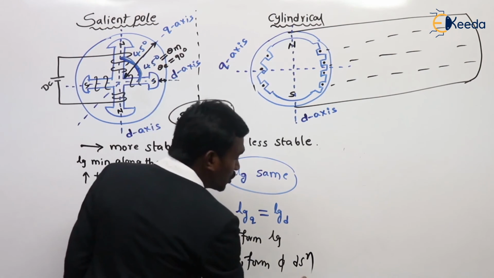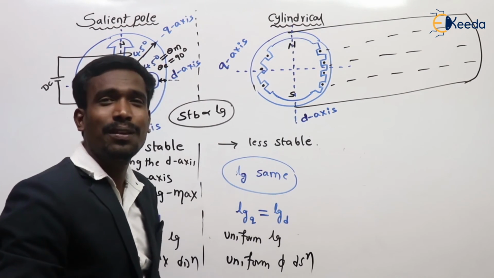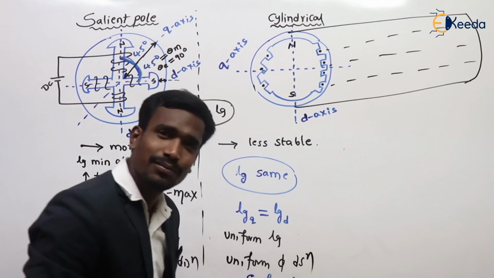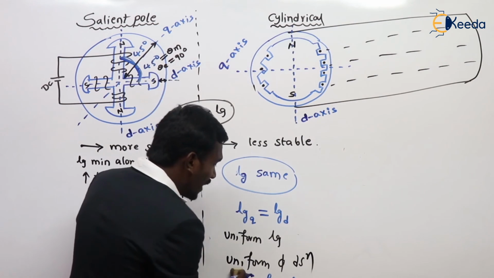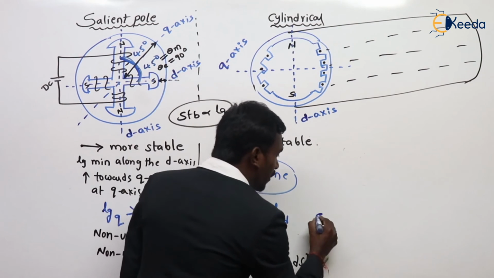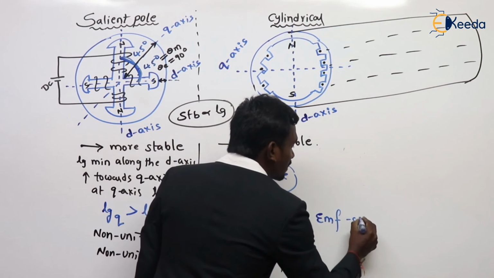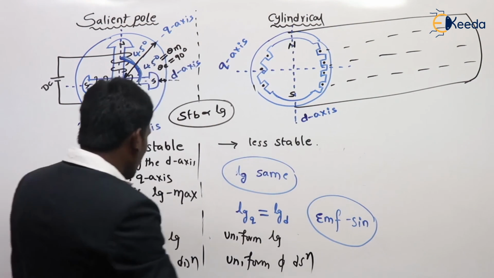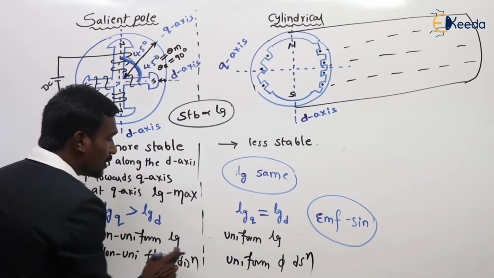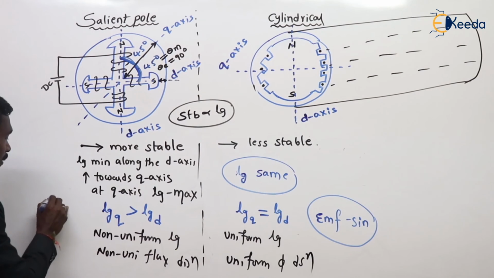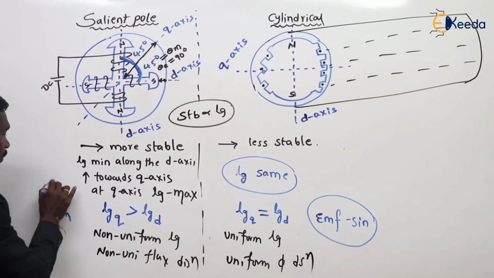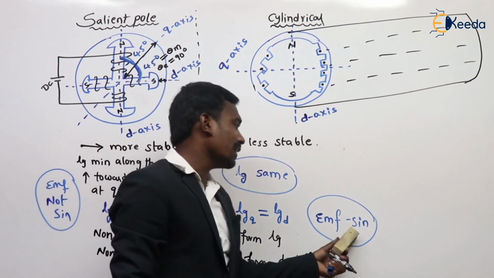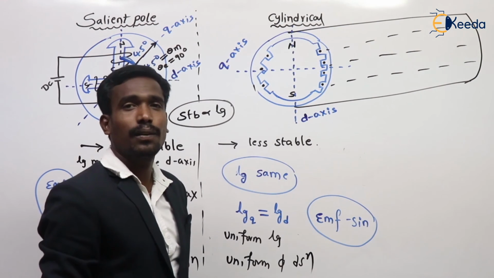When the flux distribution is uniform, then EMF is sinusoidal. When the flux distribution is non-uniform, EMF is not sinusoidal.